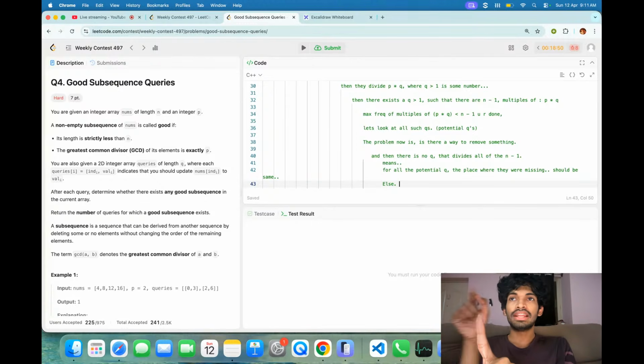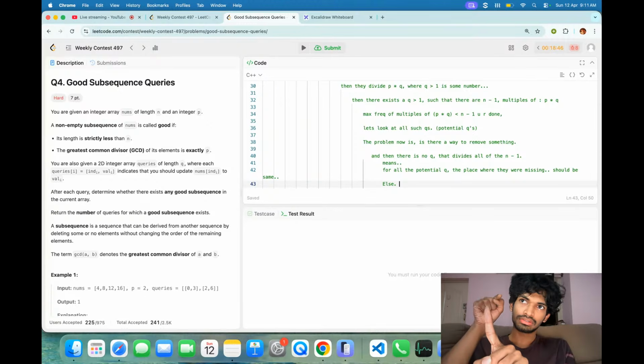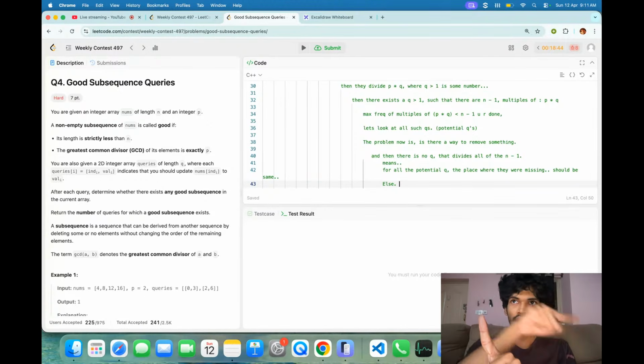And there is a value that is outside of this, and it is covering everything because it's there n minus 1 times.